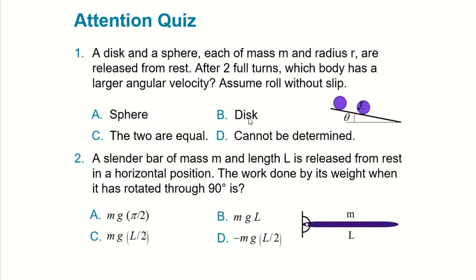Only the shape is different, because this is a disk, and that's your radius. The shape of the disk is not the same as your sphere. In this case, the sphere is going to go with a larger angular velocity.